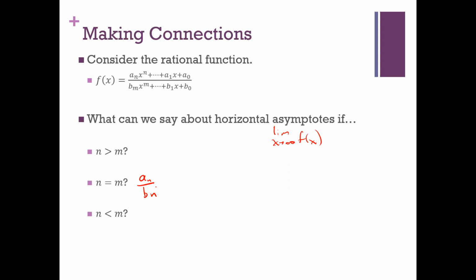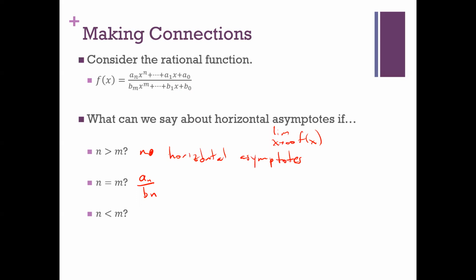It's just going to get bigger and bigger and bigger, right? So no horizontal asymptote, because graphically speaking, as I move to the right, the graph will just keep getting either further upward or further downward.